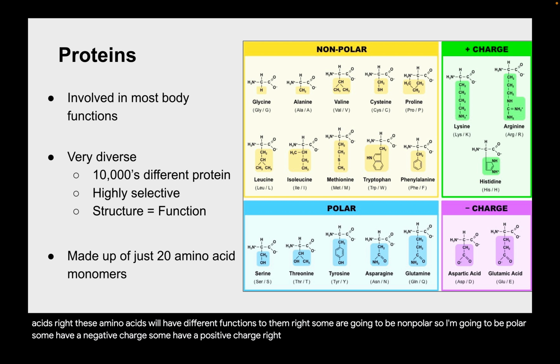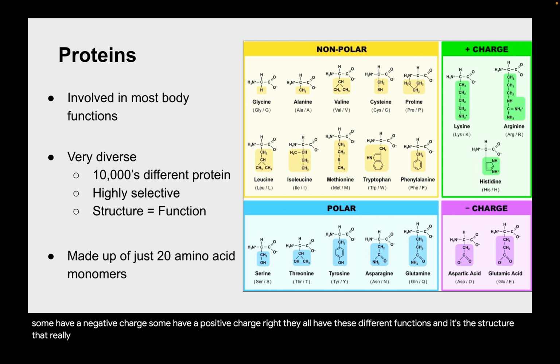They all have these different functions, and it's the structure that really dictates that function. You're going to hear me say this a lot: structure equals function. So all the millions of types of proteins out there have this basic component of just 20 different amino acids strung together in different ways to make different molecules.